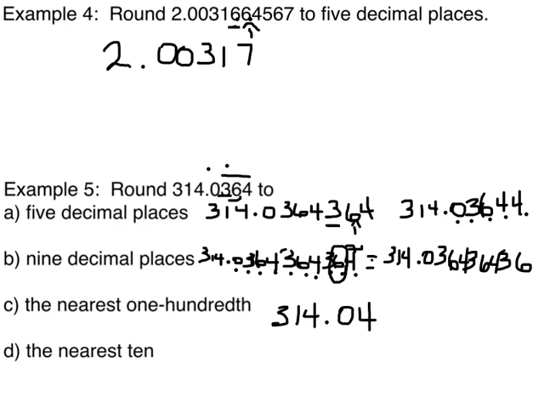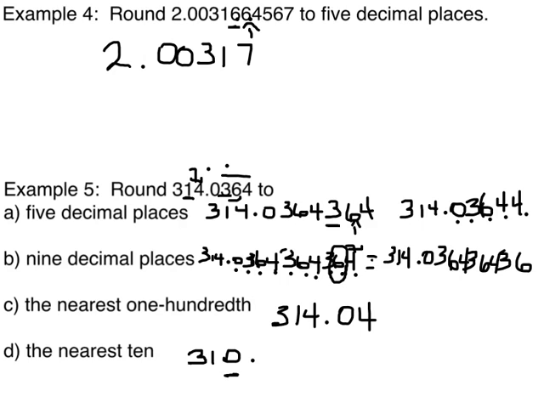And then the nearest 10. What number is in the tens place? Not tenths, but tens. The 1. And what's after the 1? A 4. So it's going to stay 1. So the nearest 10 would be 310. Now, you notice I did have to put that zero there because every place counts in front of the decimal.